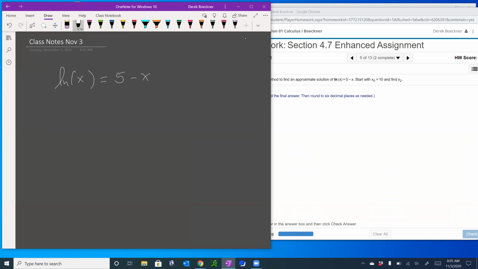So we're going to have to make this equal to 0 and then solve for that, right? Okay. We're going to set f of x equal to 5 minus x minus ln of x. And then if f of x is 0, this statement is true. Okay, so we'll try and figure out a root for that.